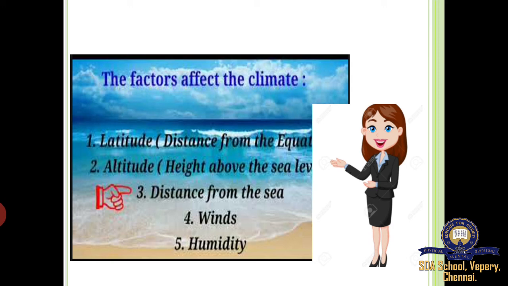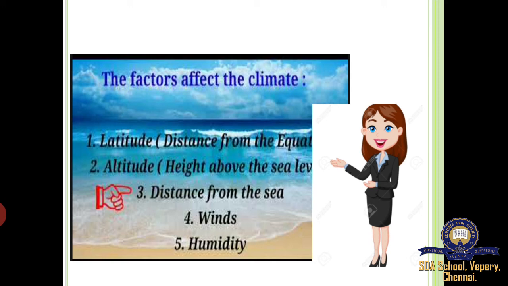And the fourth factor is direction of winds. An example is the monsoon winds, right? The southwest monsoon winds blow from early June to September and bring rain to most of India.